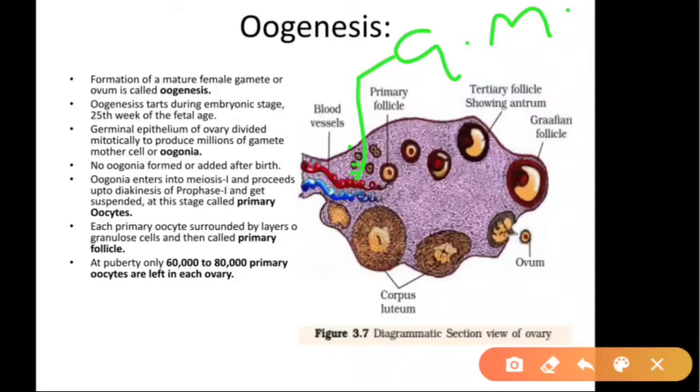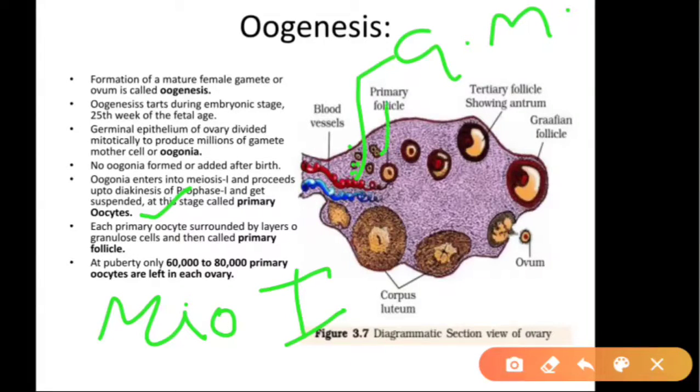Oogonia enter into meiosis I first and proceed up to the diplotene stage of prophase I and get suspended. That means meiosis I stops at prophase I and produces oocytes. So you can see this is the oocyte. These are oocytes, right?